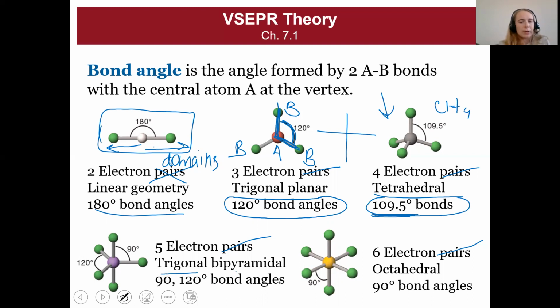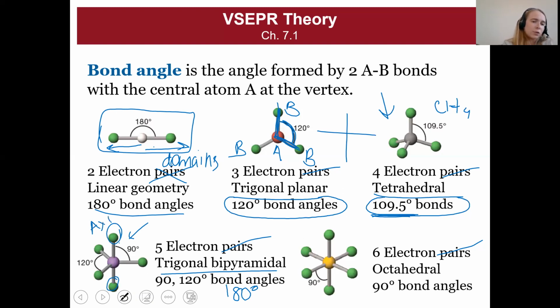Our trigonal bipyramidal molecule down here, when we have 5 electron domains, we're going to have several different bond angles in here, actually. I should have one more written on here, technically. First I'll start by saying these two electron domains are called axial.